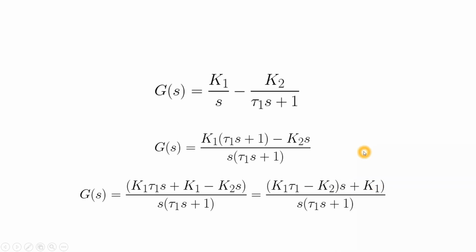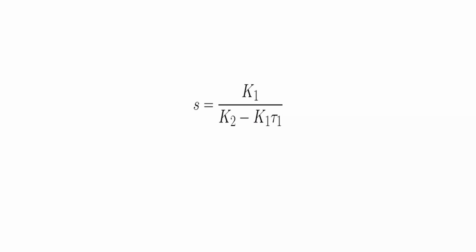For an inverse response transfer function, it is important to check the zeros. So if I put this equal to 0, then s is equal to minus K1 upon K1 tau minus K2. Multiplying by minus 1, it becomes K1 upon K2 minus K1 tau.